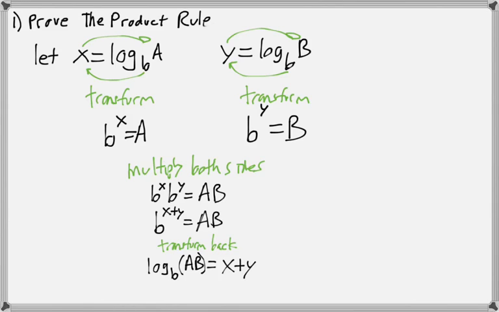So if you look back at the original statements, x is equal to log base b of a, and y is equal to log base b of b. And those are the two things that we want to have there on the right-hand side. So I can actually just replace those because they're equal to that. So I want to replace the x and the y.